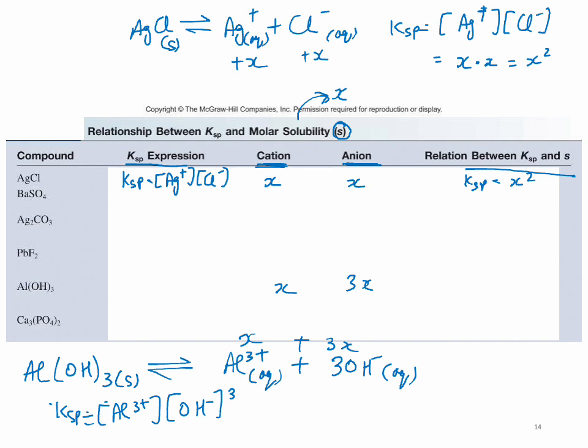If I make 1 mole of aluminum, I would be making 3 times the mole of hydroxide, which essentially means KSP is going to be x times 3x cubed, which would give you 3 cubed. So 3 times 3, 9, times 3, 27, x to the 4. So here KSP is going to be 27x to the power of 4.